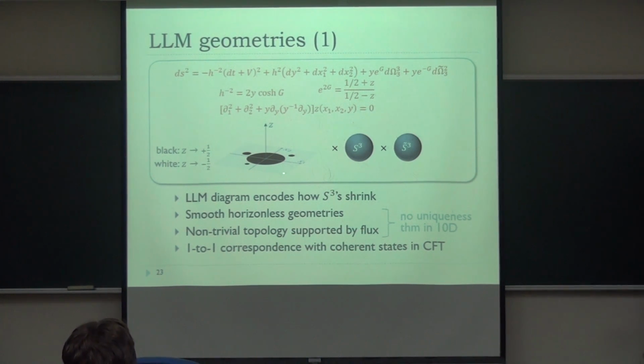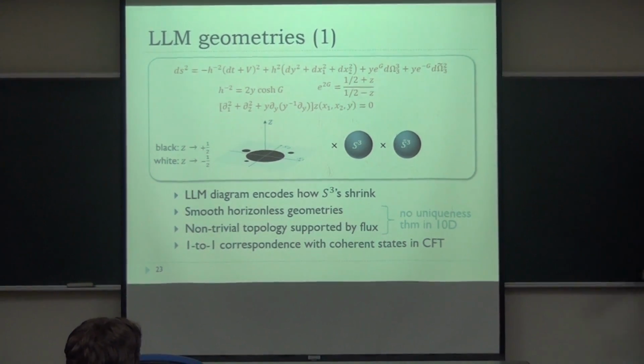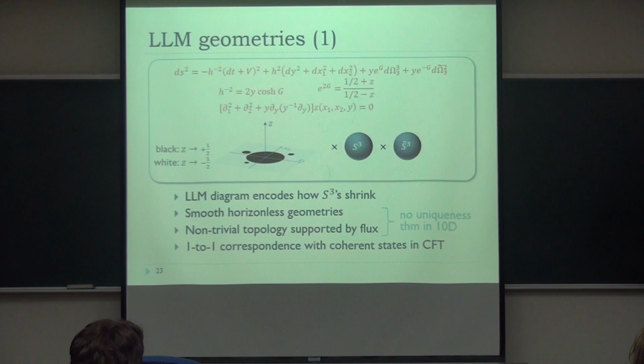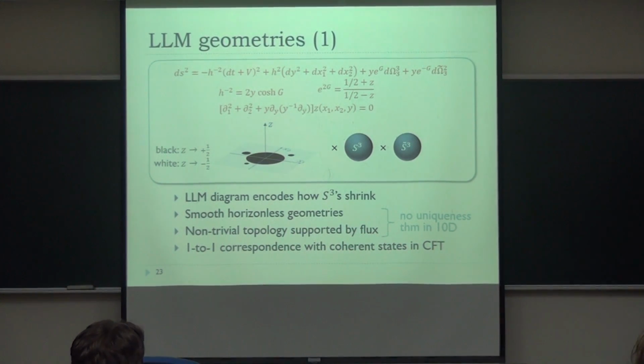And if you approach the y equals 0 plane onto a point where it's white, then z is going to -1/2. You're given this boundary condition, you're solving some Laplace equation. So you have some smooth function z, and as you approach the x1, x2 plane, you're going to 1/2 or -1/2, depending on where you are on the drawing.